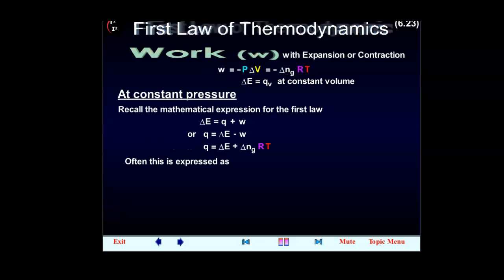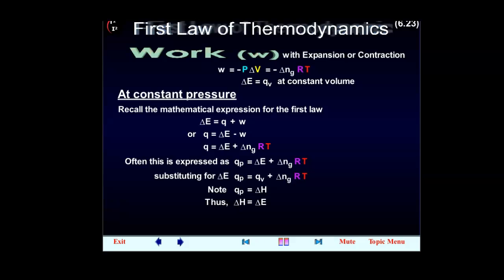Often this is expressed as Q sub P equals delta E plus delta N sub G RT. Substituting for delta E, Q sub P equals Q sub V plus delta N sub G RT. Note, Q sub P equals delta H. Thus, delta H equals delta E plus delta N sub G RT.